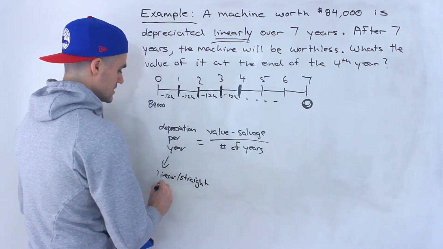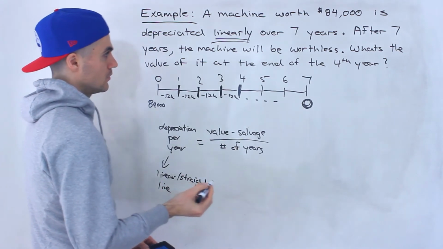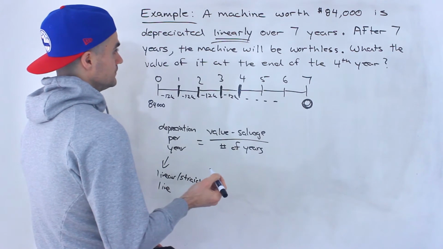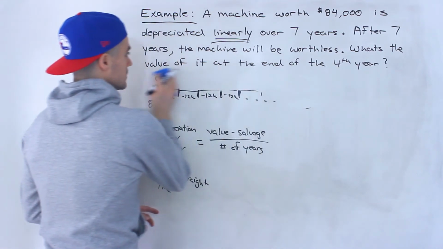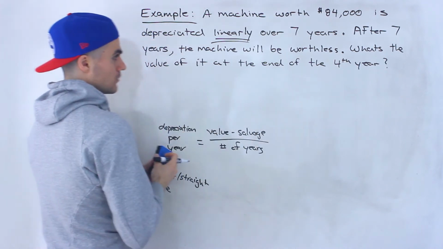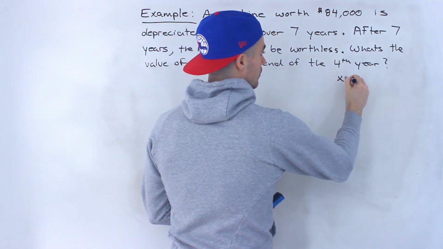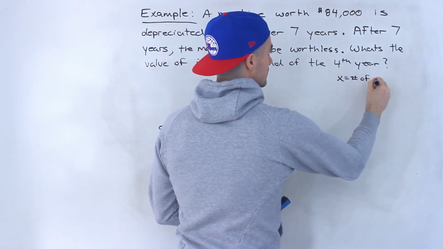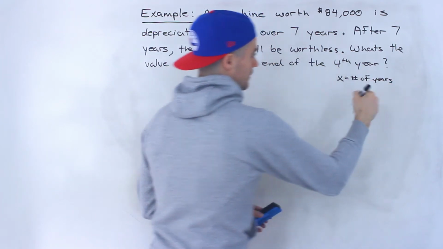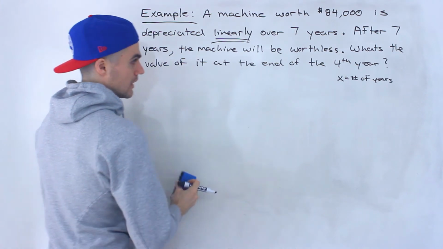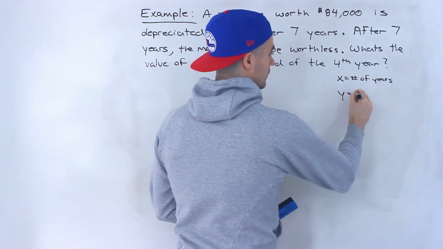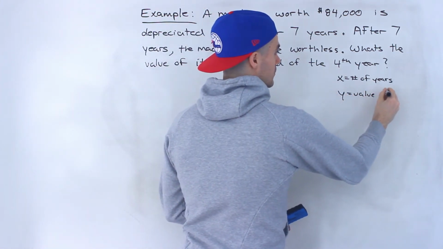Now, if you wanted to do this in a very mathematical way, we can actually create 2 points. So we'll let x equal the number of years that have passed by for the machine, and we'll let y equal the value of the machine.